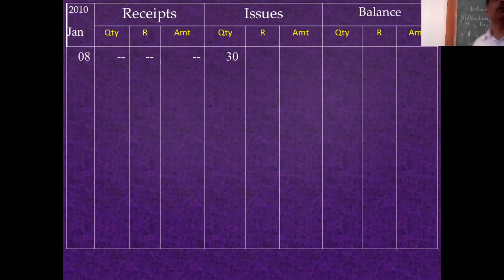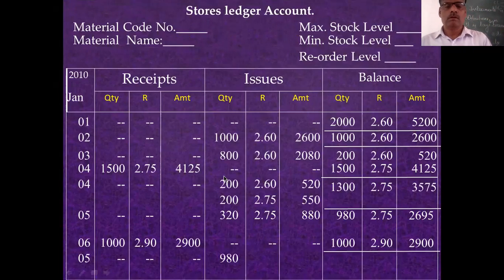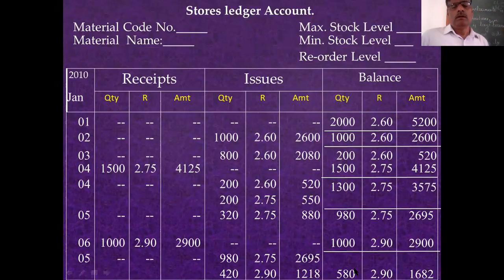You see in the balance column. Again, I will go back. You see this. 580 is the balance, rate is 2.90, amount is 1,682.